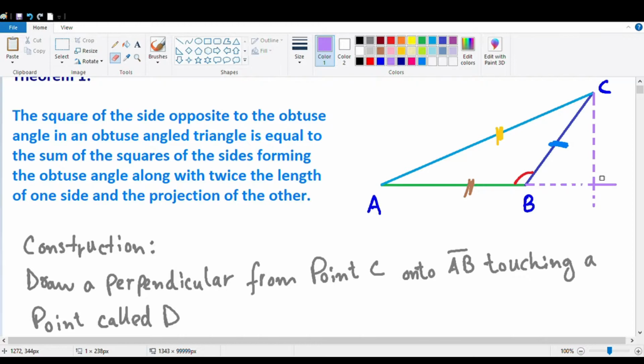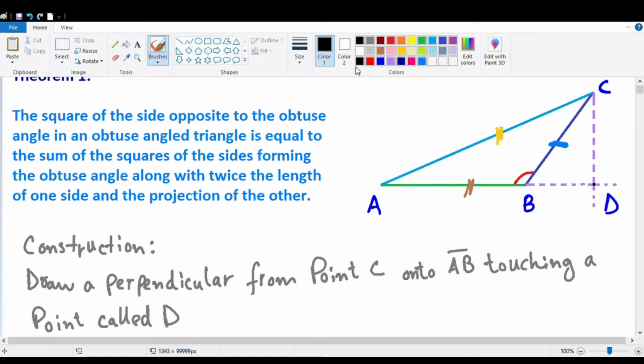Now it looks okay. So let's call this point of intersection of the perpendicular from point C onto AB, point D, right?